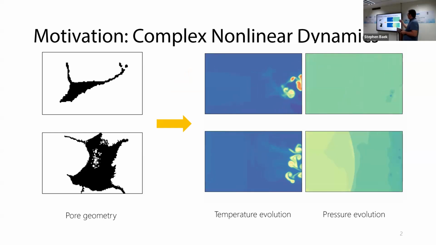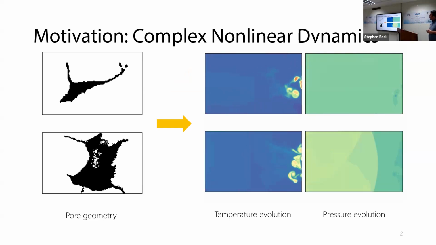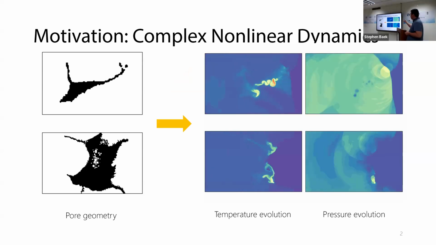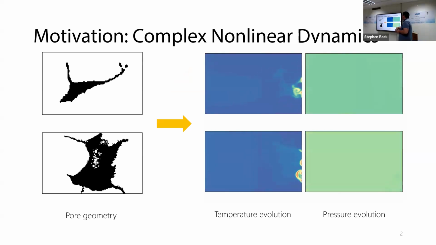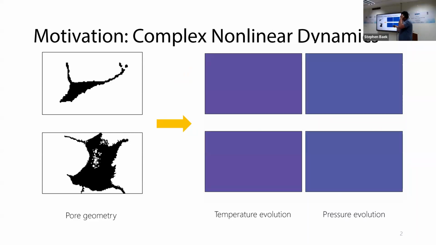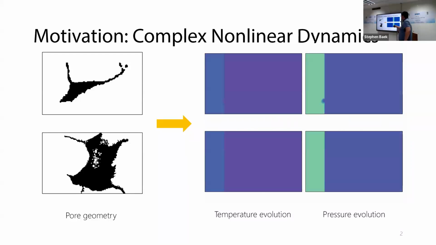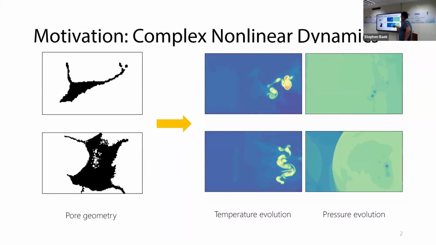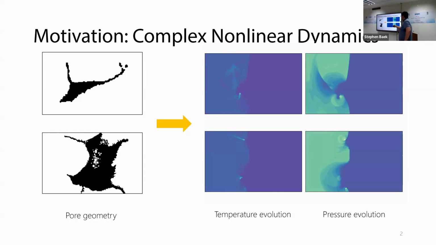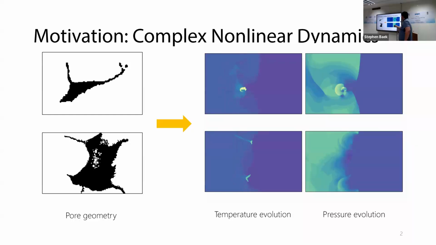So here are some examples, right, of energetic materials. Continuing from yesterday's example, we have some microscopic structures, and then the shock is applied from left to right, and the collapse of this pore will result in the formation of the hot spots.